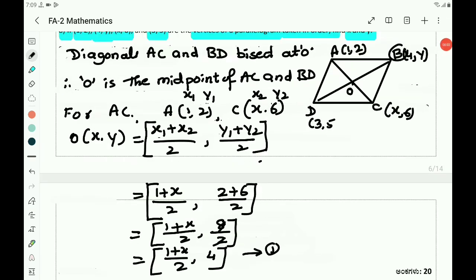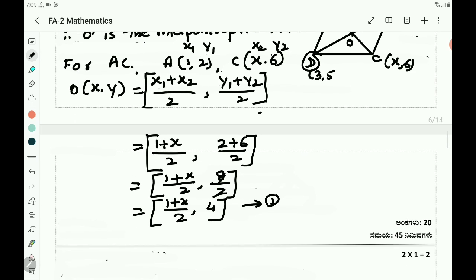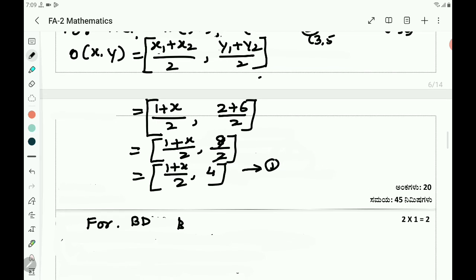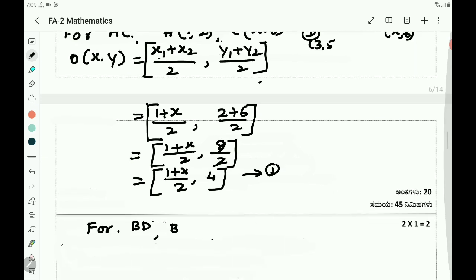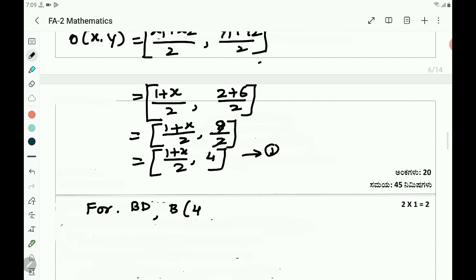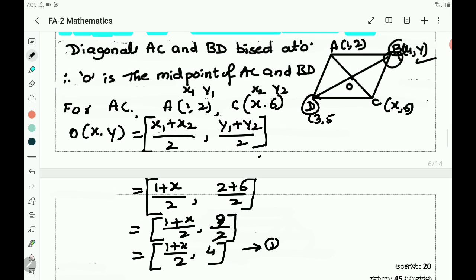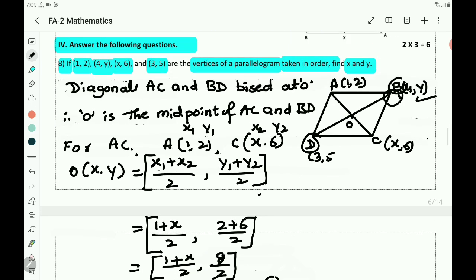Next, you take the coordinates of B and D. For BD, write the coordinates of B. B point is (4, y), and D point is (3, 5).